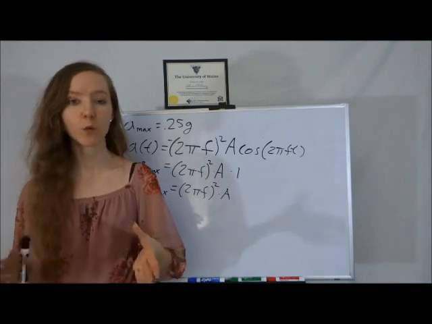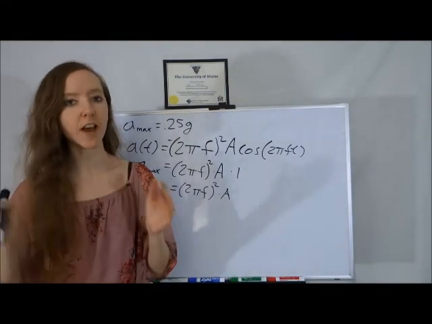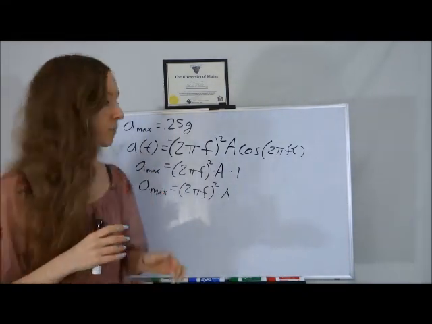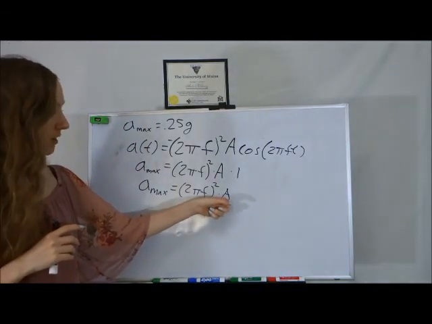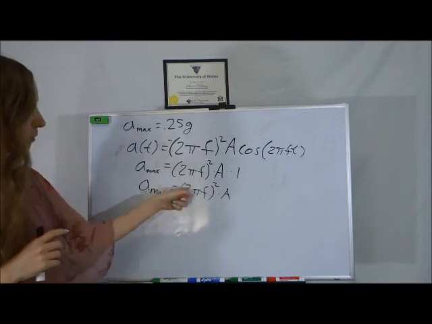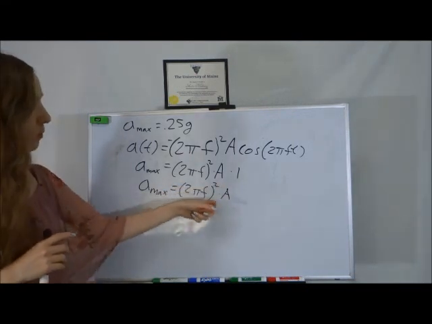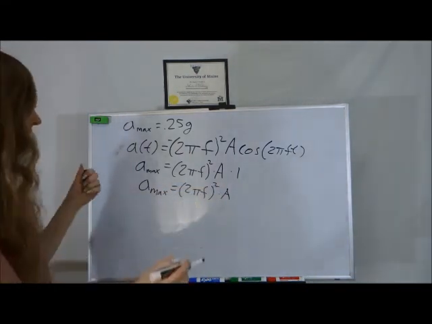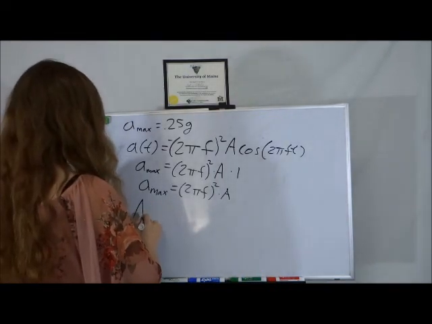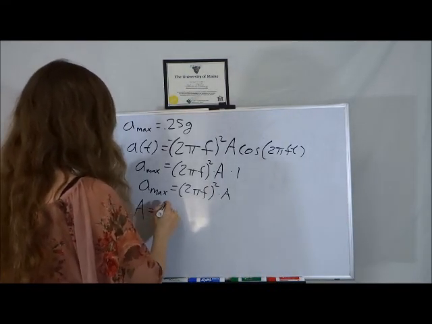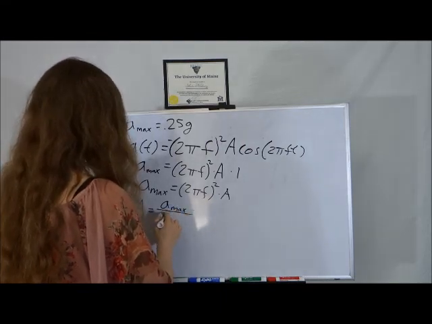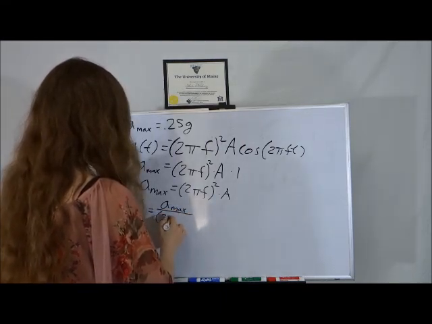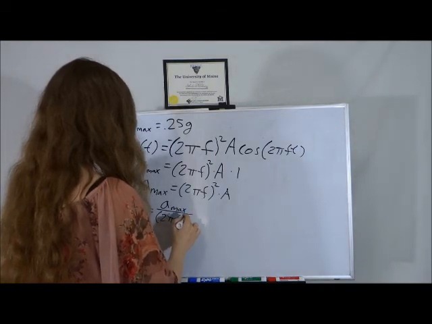So now if we think about what the question is asking for, it's asking for our maximum horizontal displacement. That definitionally is our amplitude here, so we want to solve out for A. So I'm just going to go ahead and divide both sides by the 2 pi f squared, and we're going to get that our amplitude A is equal to A max divided by 2 pi f quantity squared.